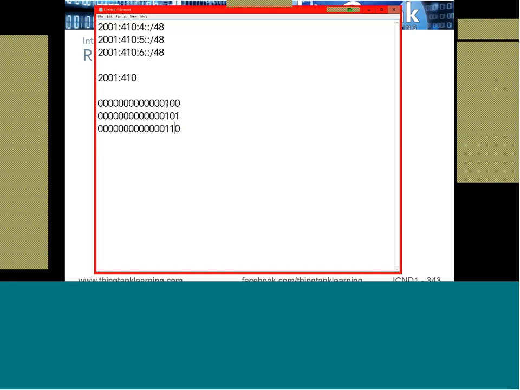Which bits are common? These bits are common. This bit, this bit, this bit. So the first 14 bits are common. We have 32 bits that we already knew were common, which is the 2001-0410, plus we have an additional 14 bits that are common in the third hextet. What is the value of this third hextet here, though?